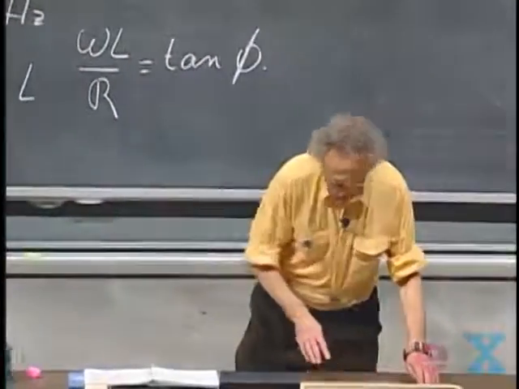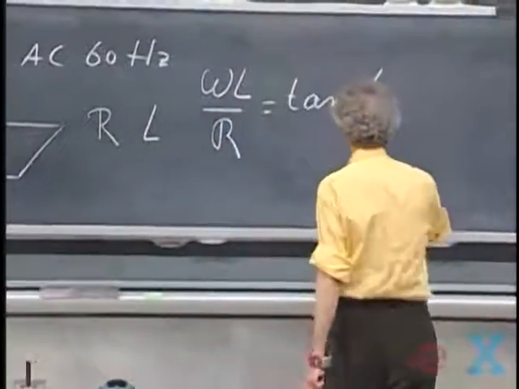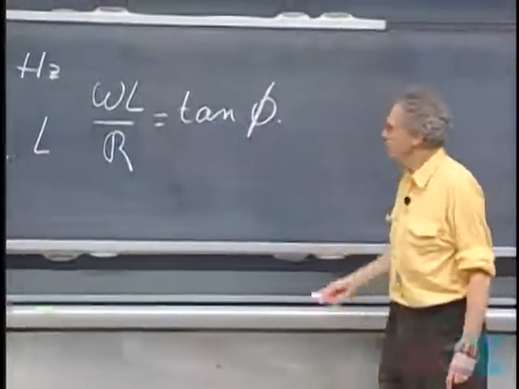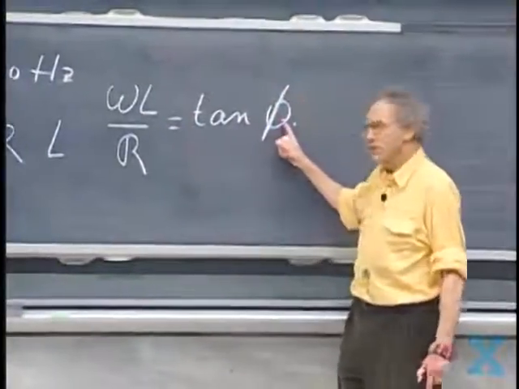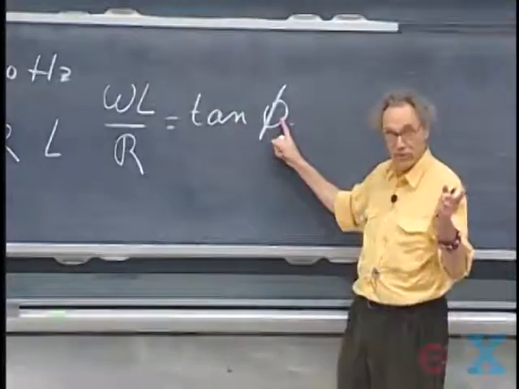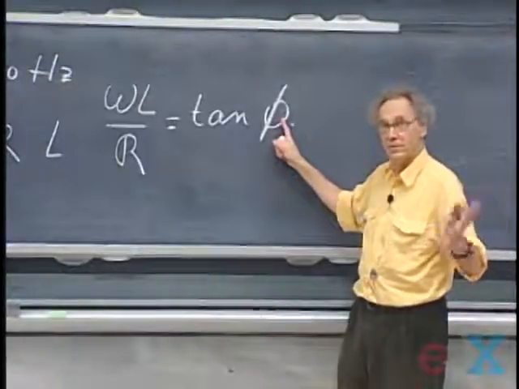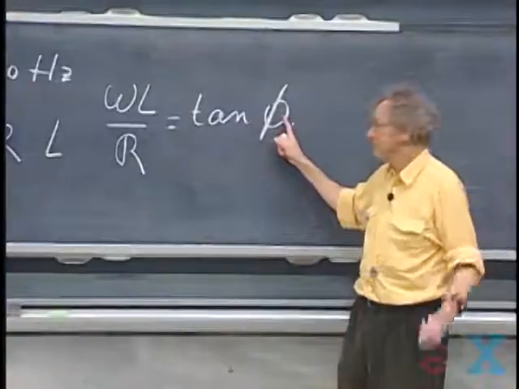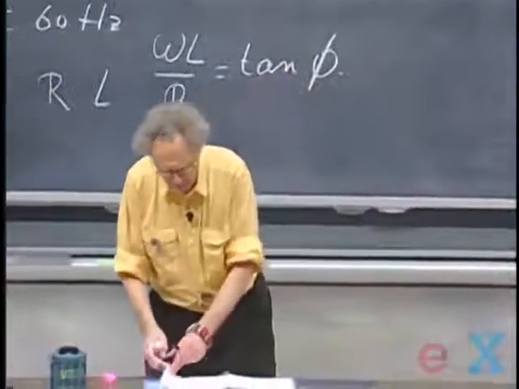If R is 0, then of course we have a superconductor, then phi is always 90 degrees. When R is 0, this is infinitely high. So now we get a 90-degree phase shift, and I did a demonstration whereby I had a little magnet floating above a superconductor. That was an ideal case. Phi was then 90 degrees, so they always repel each other.